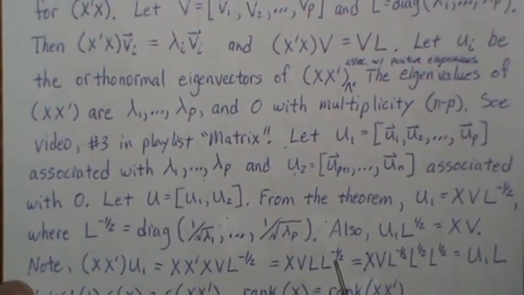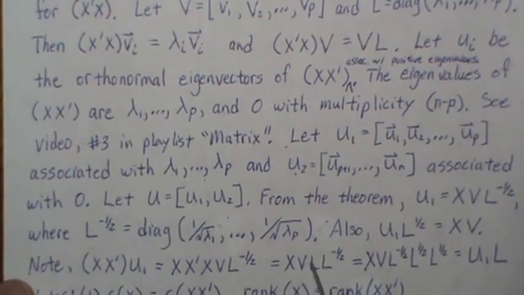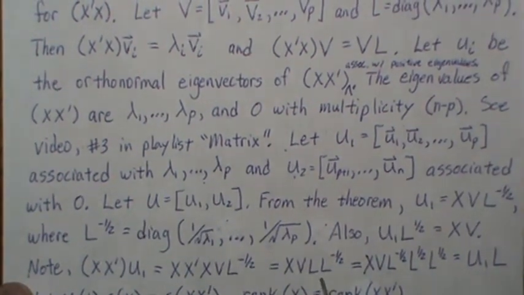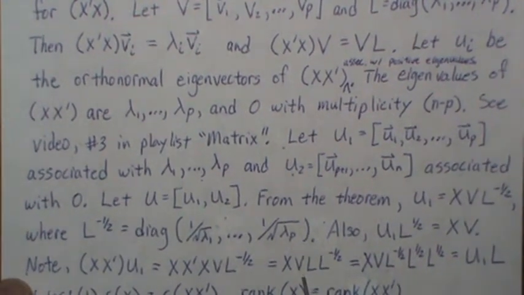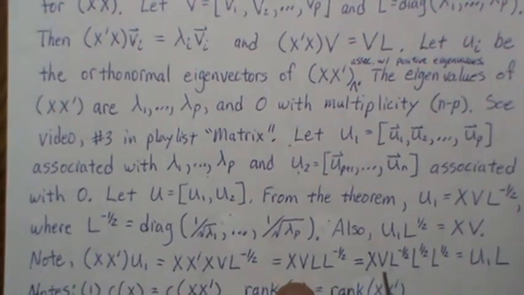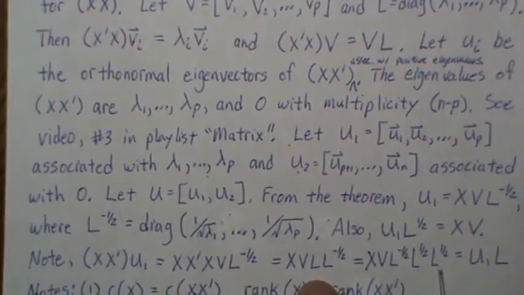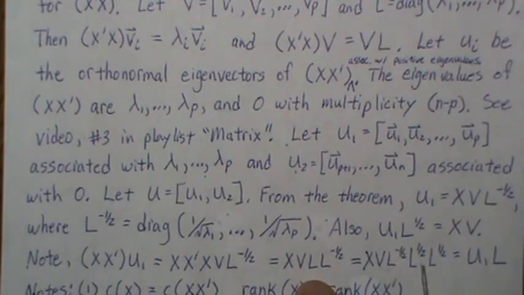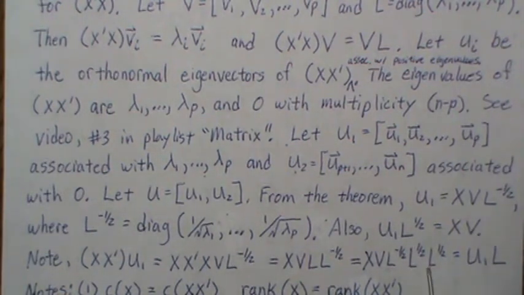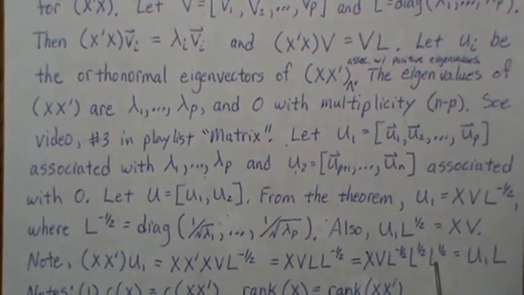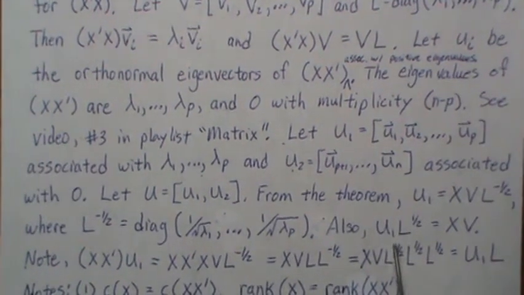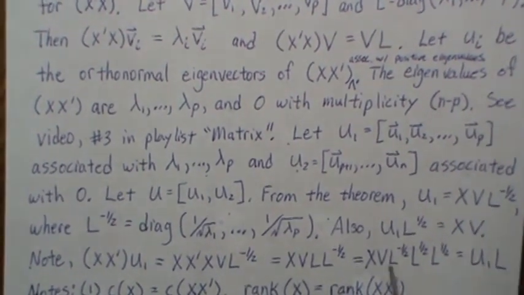Now this becomes L to the 1/2, but then let's also stick in the identity matrix. So we have X, V, and then this is what the L to the 1/2 is, and then this is the identity matrix. Now we can combine L to the 1/2 and L to the 1/2 to be L, and then this piece here is what we were calling U1.